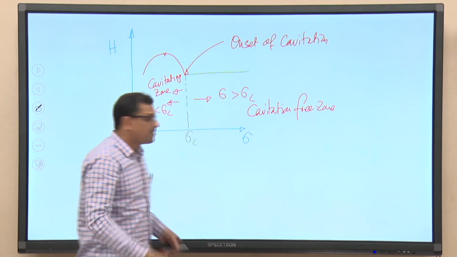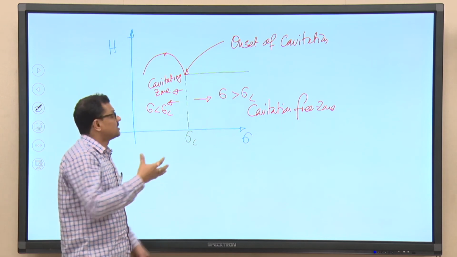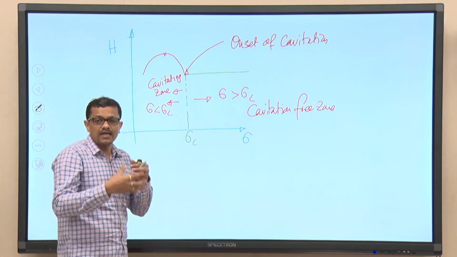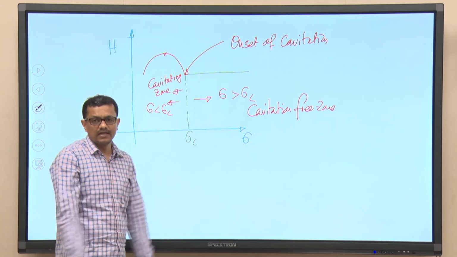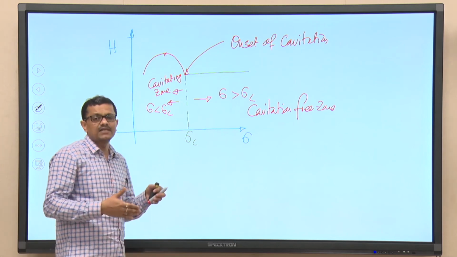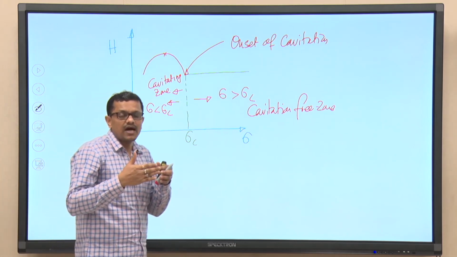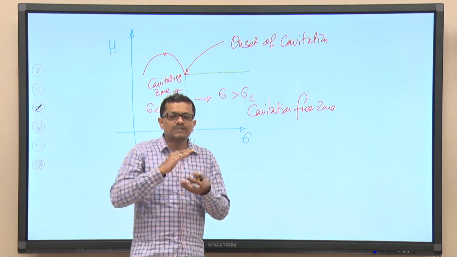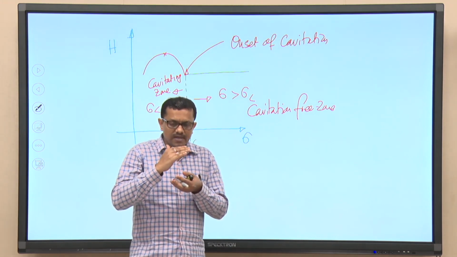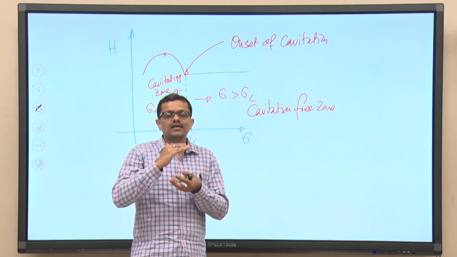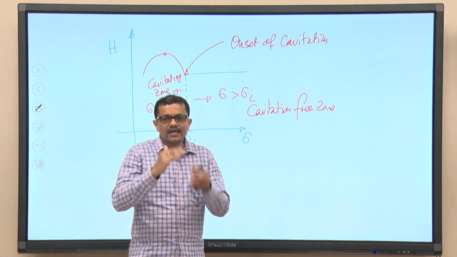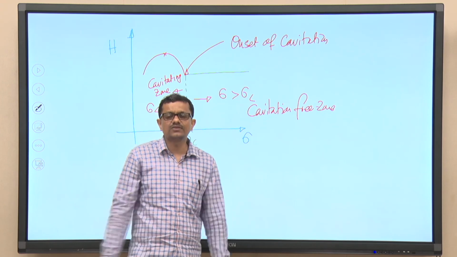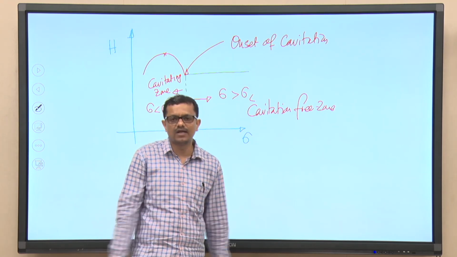When vapor bubbles form, they are carried by the liquid and accumulate. Sometimes the vapor bubbles accumulate over the solid surface and act just like a blanket, which eventually reduces the frictional effect between the fluid and the solid surface.